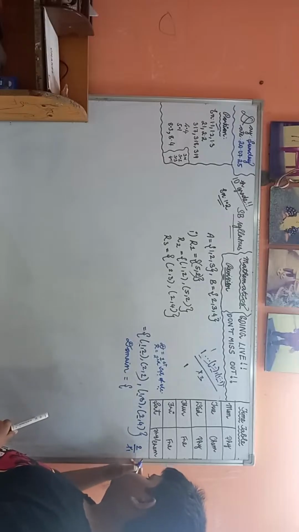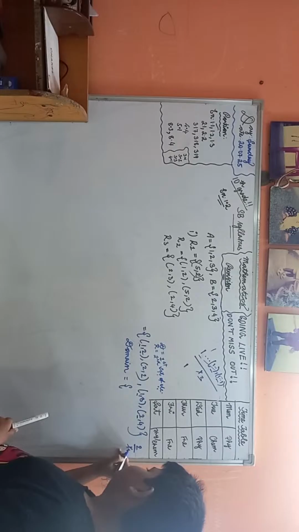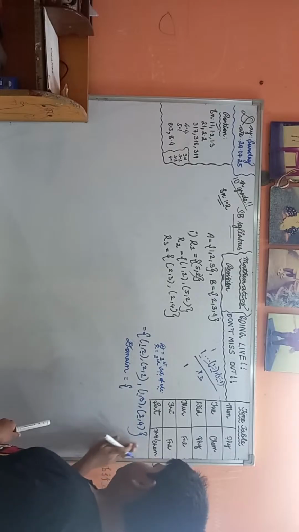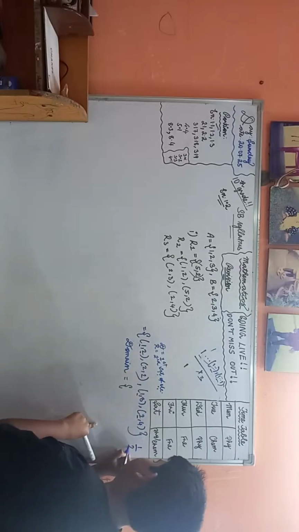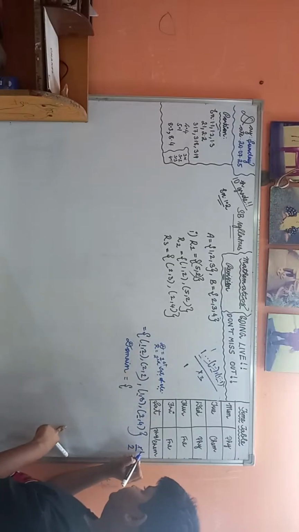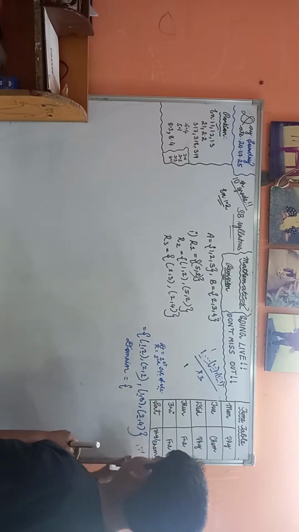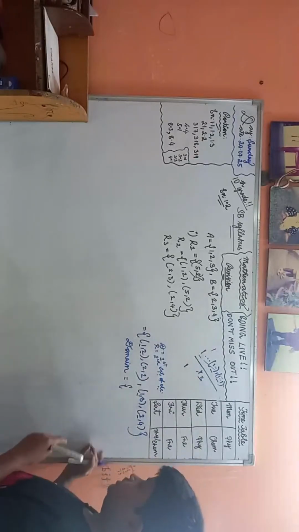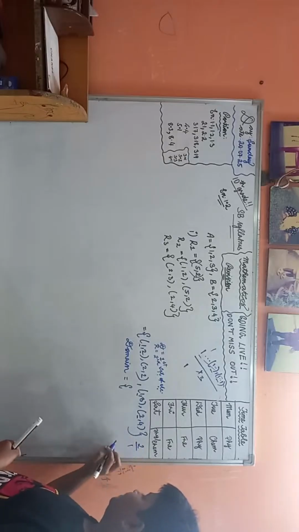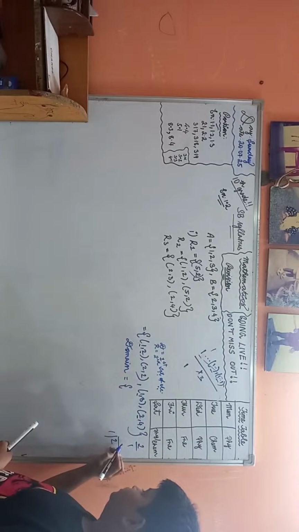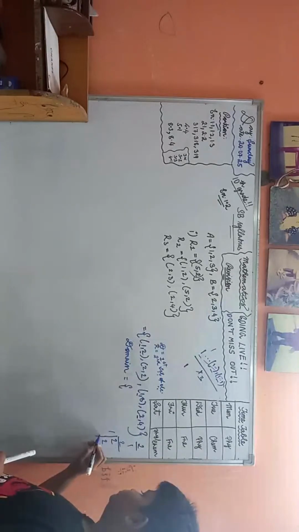So there are 2 ones. How many 1s are there? 2. So 2, 1 is 2, 0.